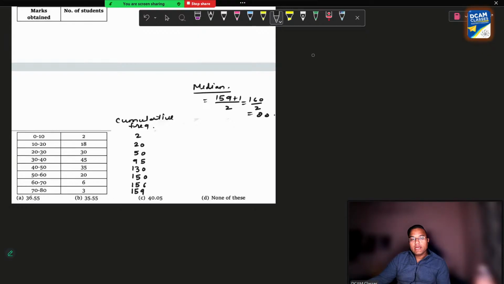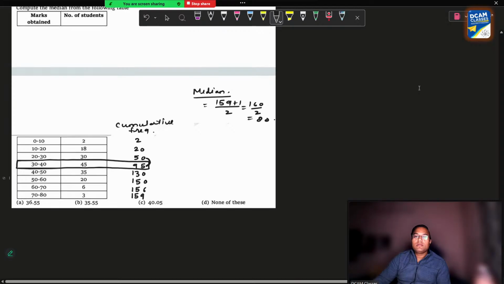Now 80 will lie in the class after 50, na? After 50, in this 50 to 95. So it will lie in the class 30 to 40. So this becomes your median class. Understood, Haripriya? Yes.